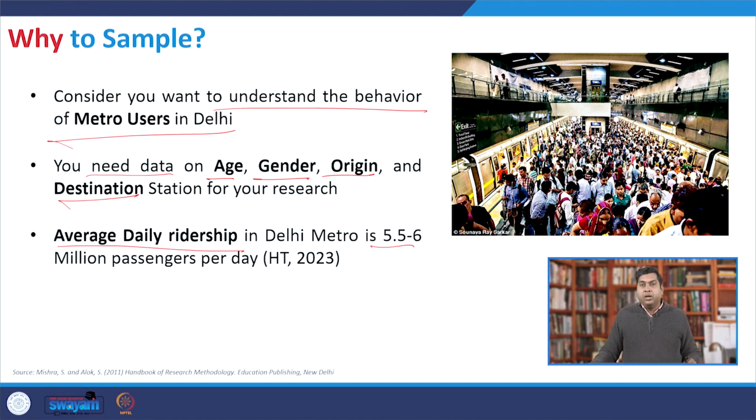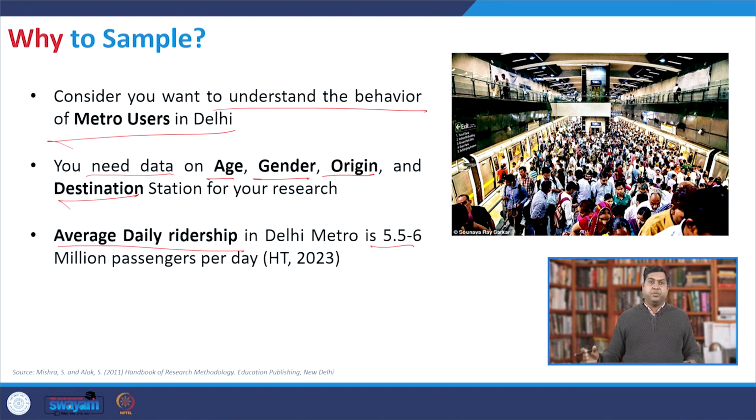Theoretically you can do that, but for that you need time, resources, and more manpower so that we can tap the entire set of metro passengers to get surveyed through your questionnaire. But that seems a little impractical in terms of investment of time, human resources, and cost as well. So for that we can think of taking a subset of those.